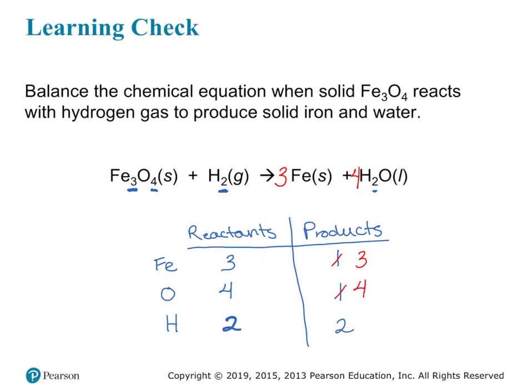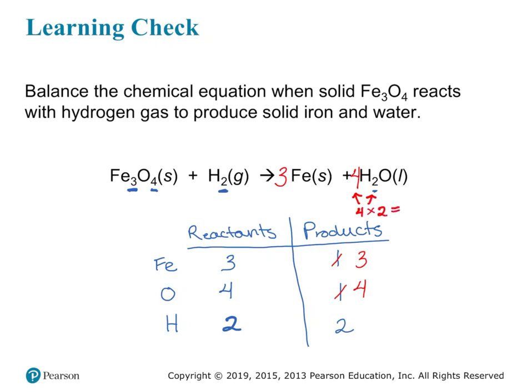But notice that we're actually multiplying that whole compound by 4. So we're multiplying oxygen by 4, but we're also multiplying the hydrogen atoms by 4 as well. So we're going to multiply 4 times 2.